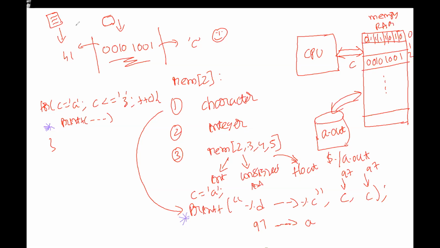Programs are happy doing arithmetic on integers. We want to work on characters, and these characters have some ASCII encoding, an integer encoding. So from here, actually what is happening is we are moving to this world.